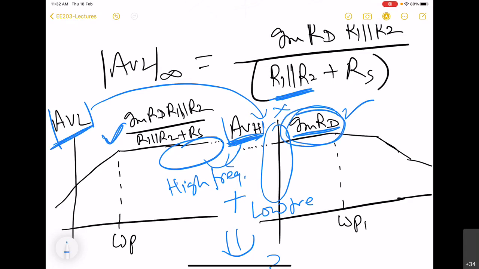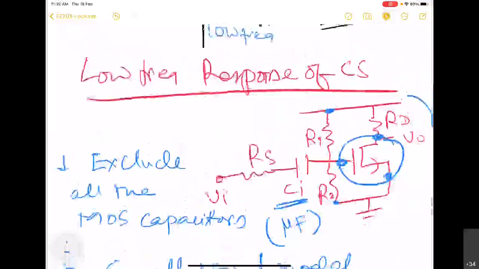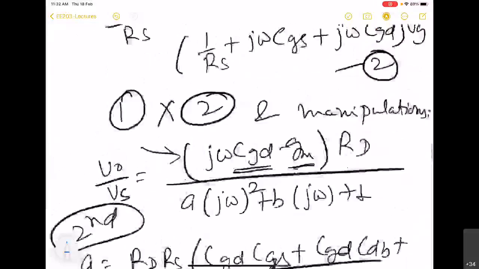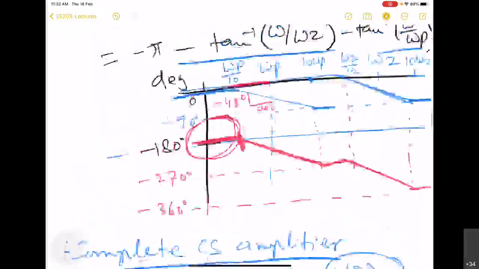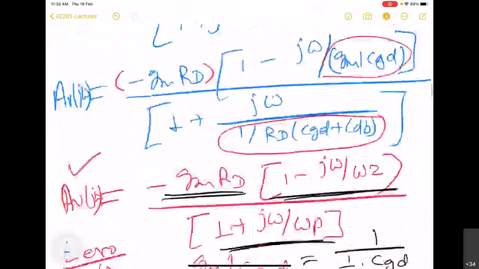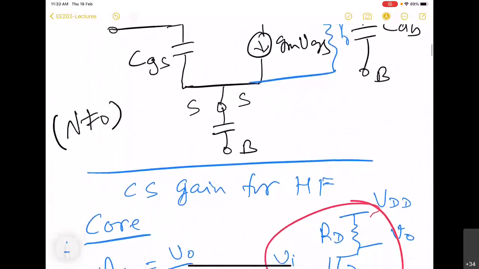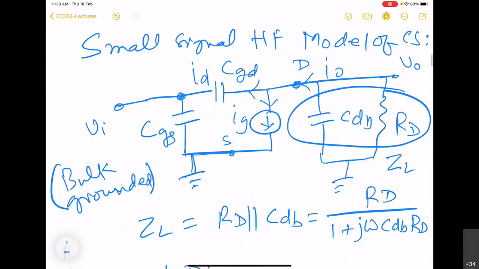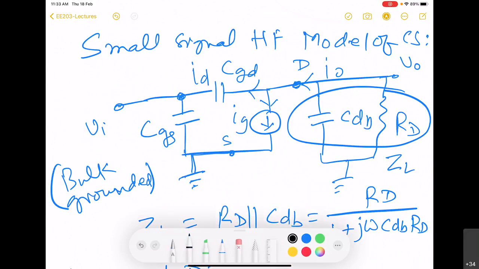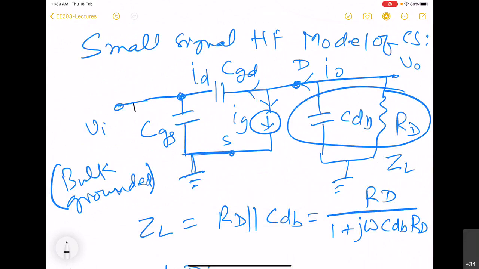So if we try to include R1 and R2 also in the high frequency response, the exact analysis will become very difficult. So what we now want to do is include R1 and R2 also in the circuit. This is how the circuit will get modified: R1 parallel R2, right?